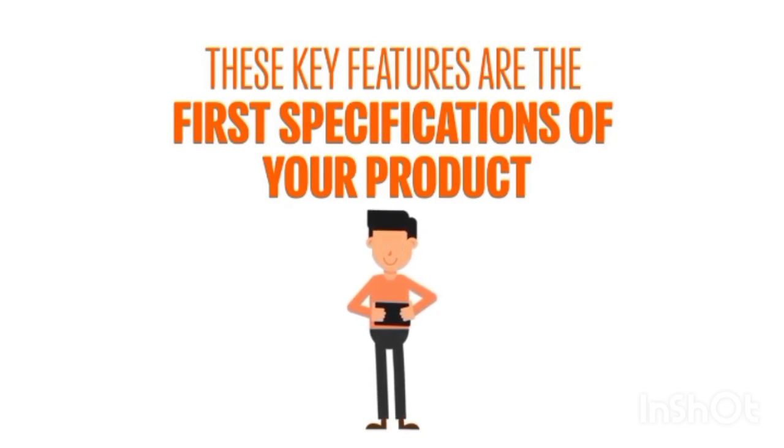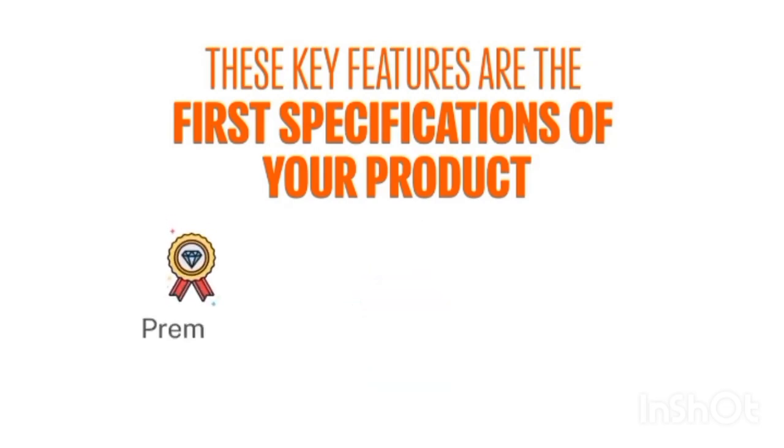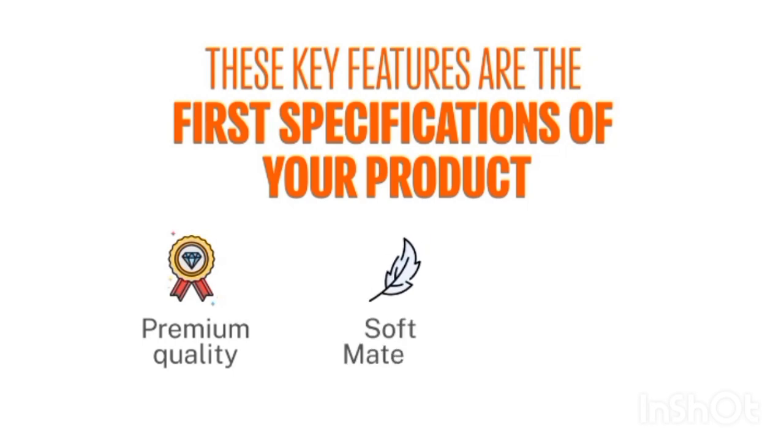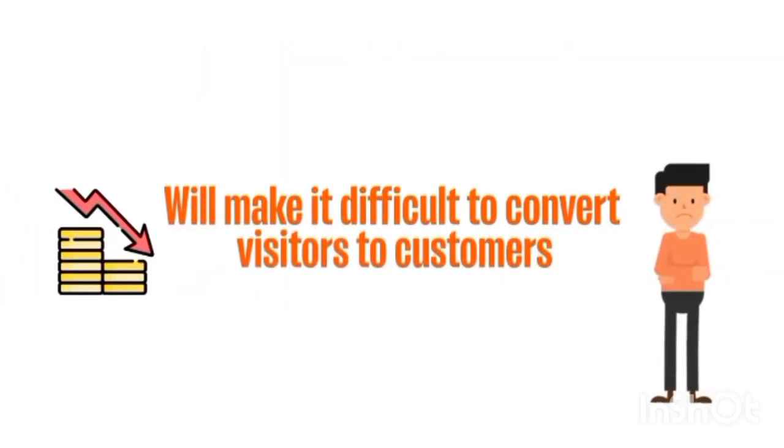So if you input generic key features such as premium quality, soft material, daily wear, your product will not stand out from the other products, and it will make it difficult to convert visitors into customers.